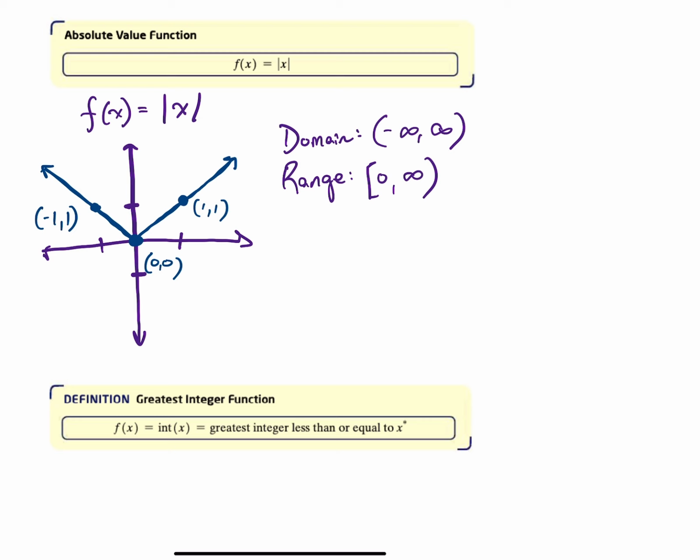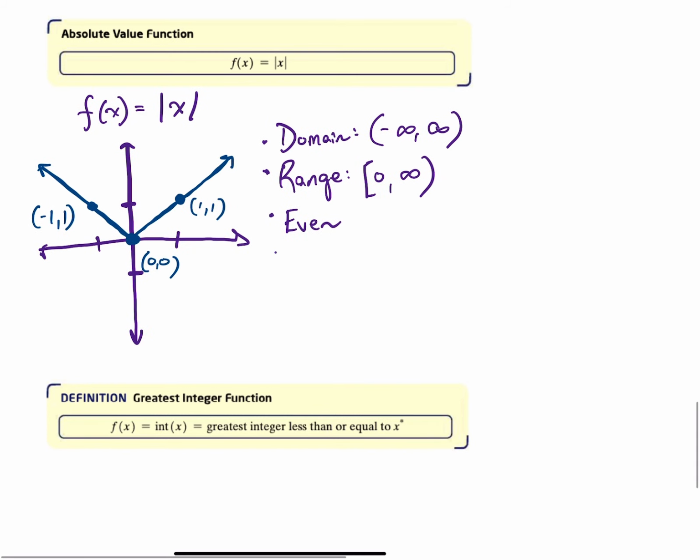This has even symmetry. And then we can say f of negative x would be absolute value of negative x, which will just be absolute value of x, which is f of x. So even symmetry. It has an x and y intercept at the origin.